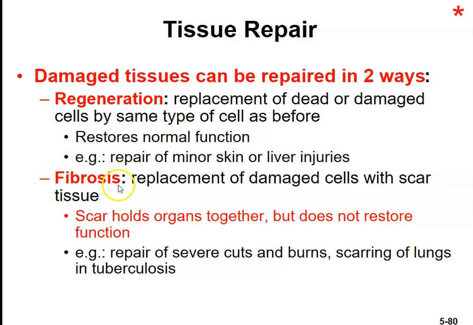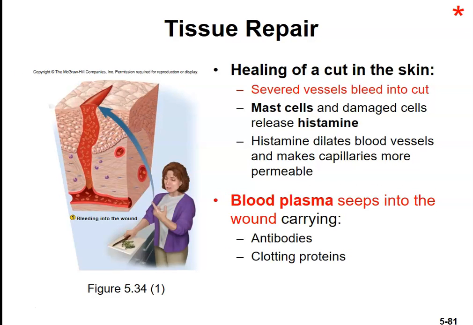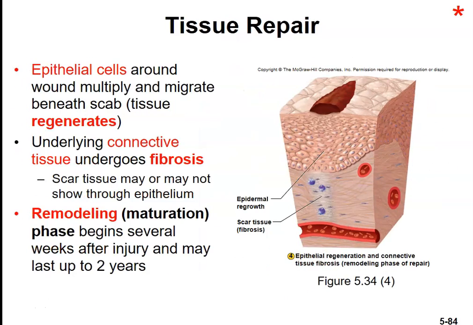This is called fibrosis. When fibrosis occurs, the scar holds the organs together. However, the scar does not restore the normal function, unlike the regeneration of the damaged tissue. I'm not going to go into detail about the steps of tissue repair.